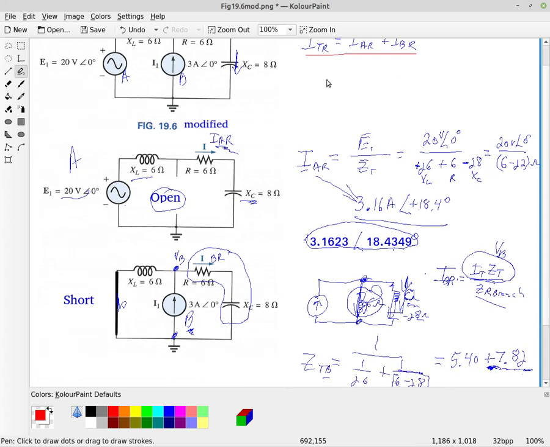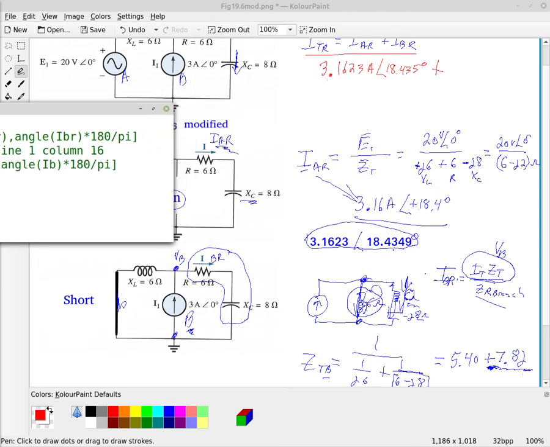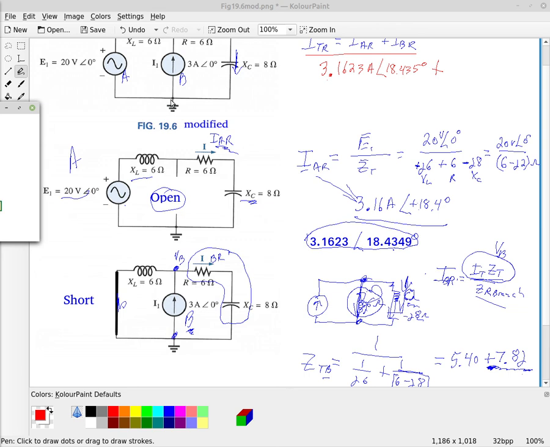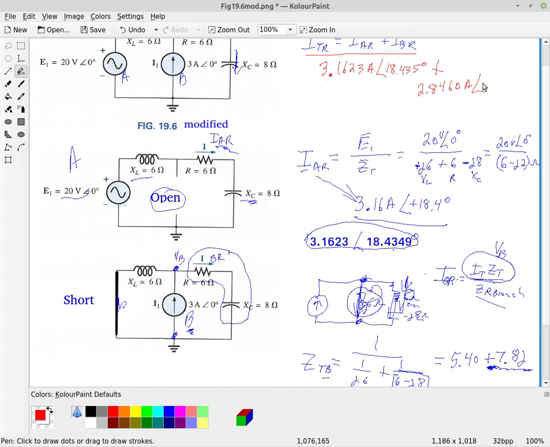We're going to take our 3.1623 amperes at an angle of 18.43, and if you're just doing 5 digits, we could cut it off there, plus our 2.846 amperes at an angle of 108.43 degrees. So there's 5 digits there.